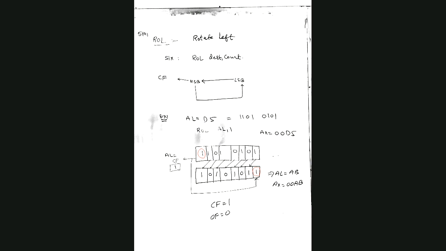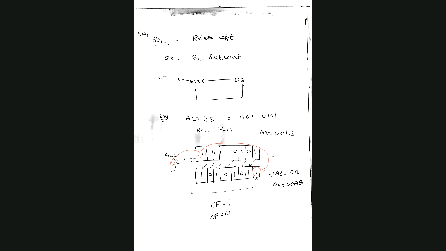When this is empty, this empty space will be filled with the carry value. So that's why you put the value of 1 here also. According to this diagram, the MSB is kept in the carry flag and also at the least significant bit.